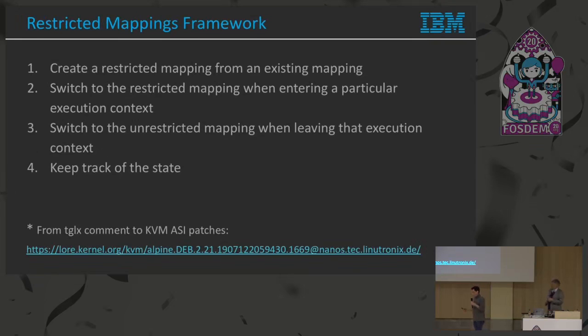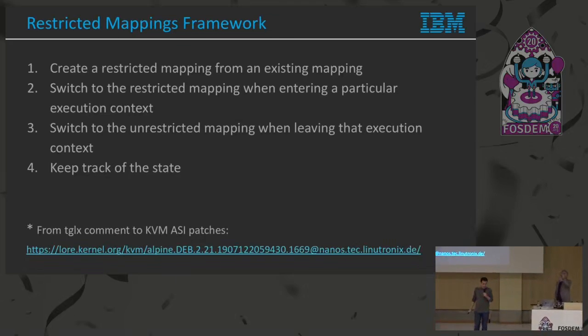And then we started working on this more or less at the same time. KVM developers submitted their work for what they call KVM ASI, and one of the comments on their submission from Thomas Gleixner, one of the x86 maintainers, was that there are actually four points to creation of restricted address spaces. There needs to be a way to create a restricted mapping.